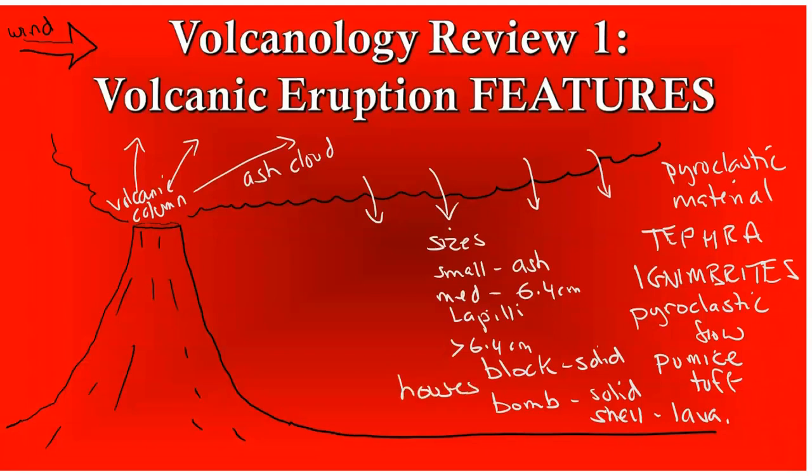Now, the next thing would be obviously some sort of lava flow, viscosity, energy left, cause lava domes, and you get some flank eruptions out of a parasitic cone.